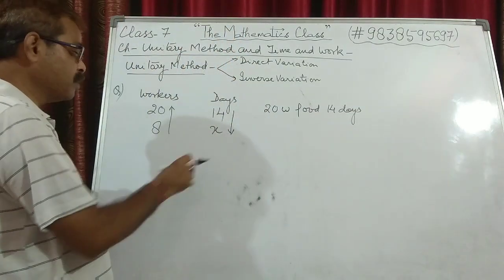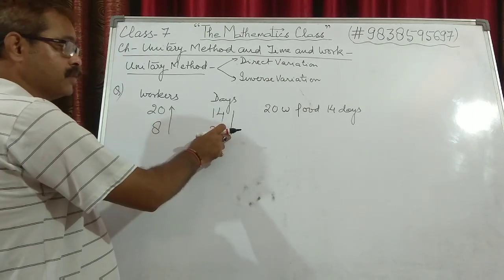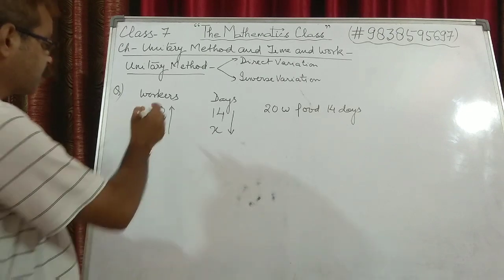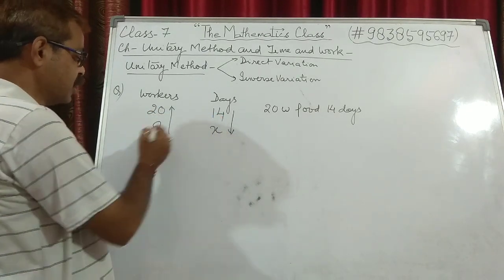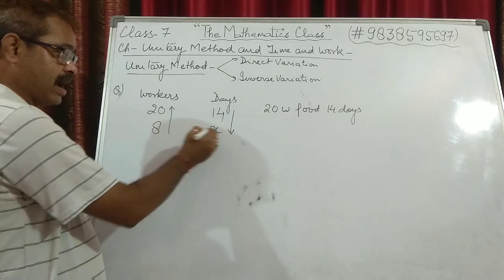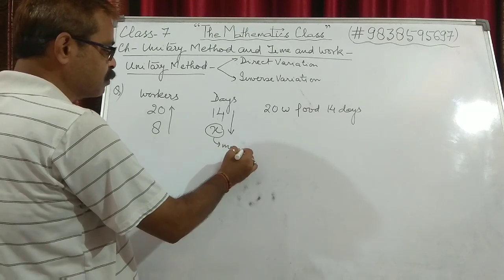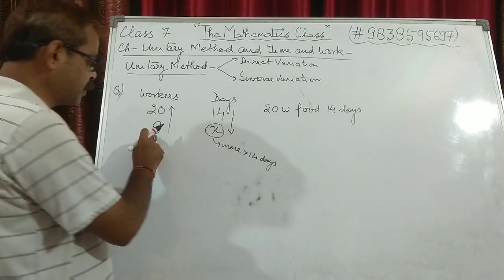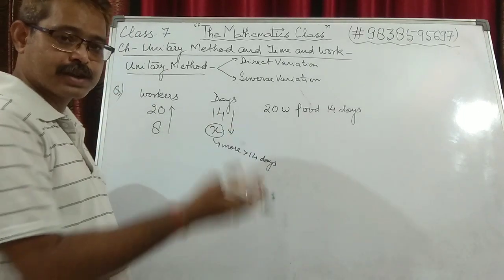So how many days will the food last if there are only 8 workers? Now 20 workers are having food for 14 days. So 8 workers will have food for more days. More means more than 14 days, because the number of people is less, so the food will last for more days.